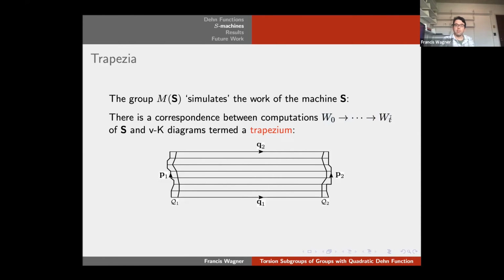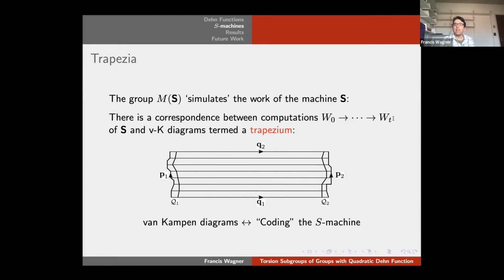All right, so what is that useful for? Well, I can understand what's happening in these Van Kampen diagrams by correctly coding the S machine. If I tell the S machine certain rules that it's allowed and not allowed to do, well, then what I can do is say, if I look at a random Van Kampen diagram, I can say, well, that has to be this sort of computation, which means that it needs to look sort of like this.